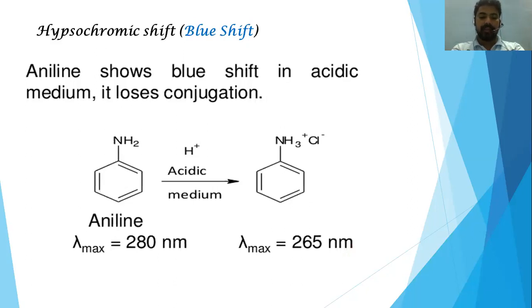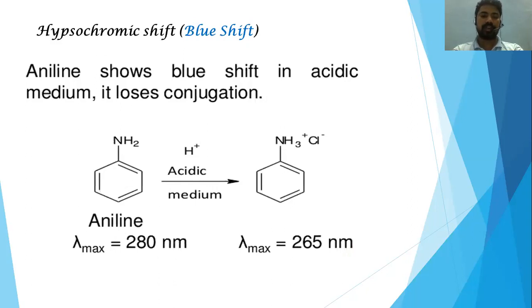The lambda max value equals 265 nanometers, as we can observe on the screen. So there is a decrease in the absorption wavelength from aniline to the anilinium chloride molecule. This kind of decrease in the absorption wavelength of a compound, when it is dissolved in some suitable solvent or in the presence of any other reagents, is called blue shift or hypsochromic shift.